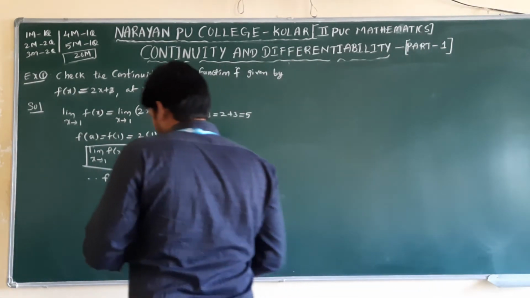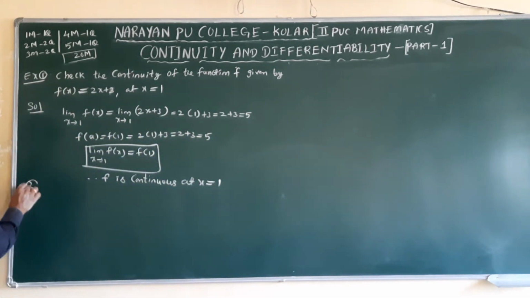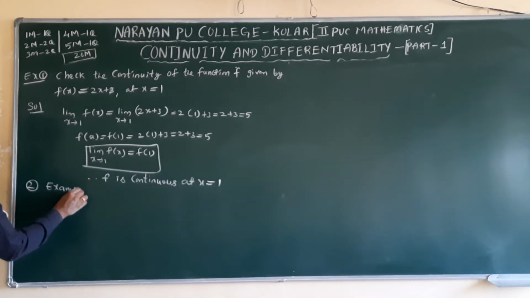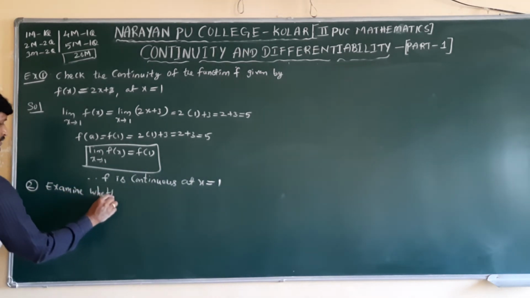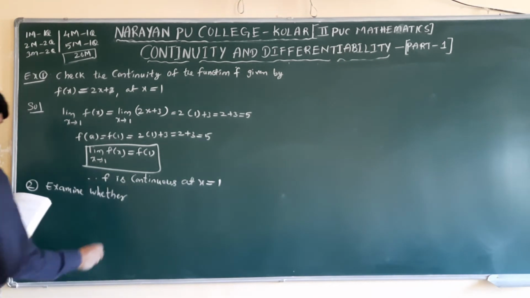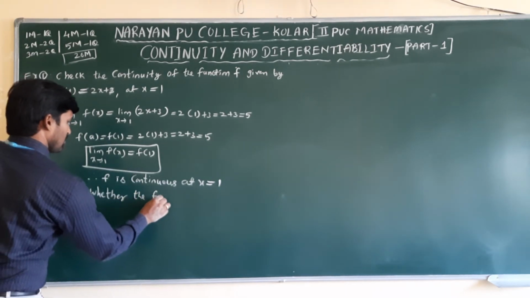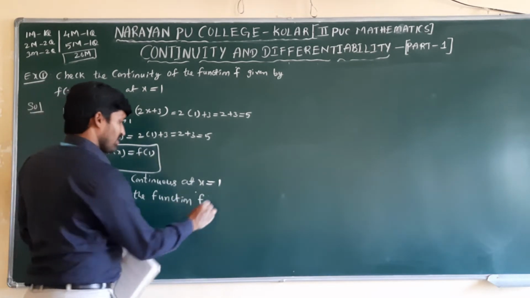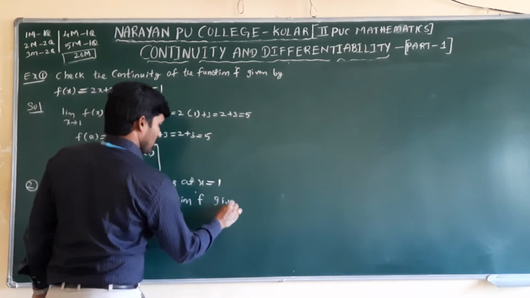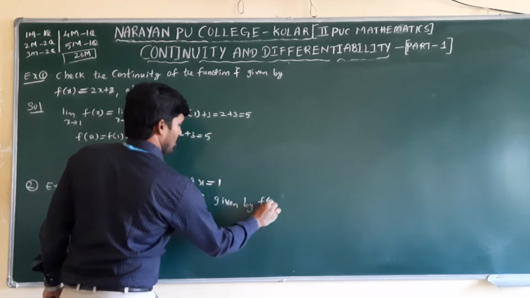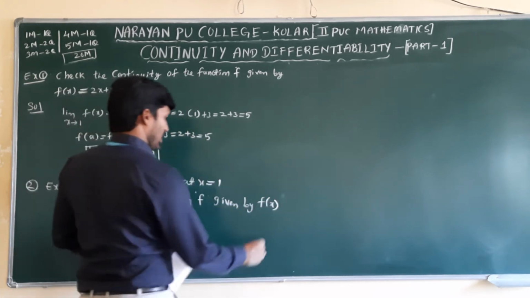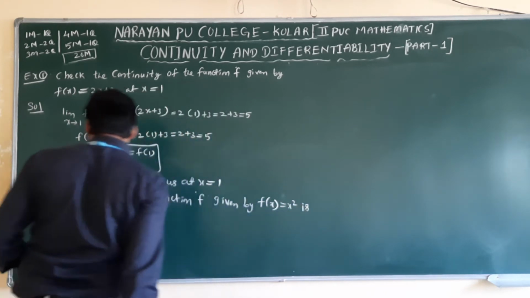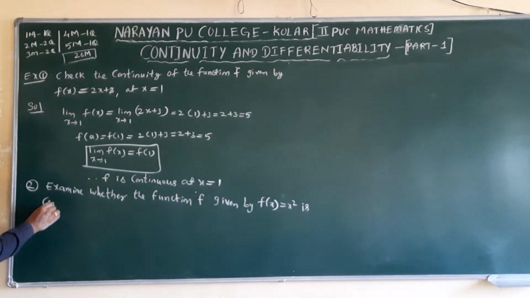Next, second example. Examine whether the function f given by f of x equal to x square is continuous at x equal to 0.